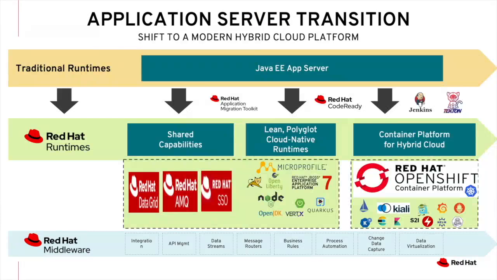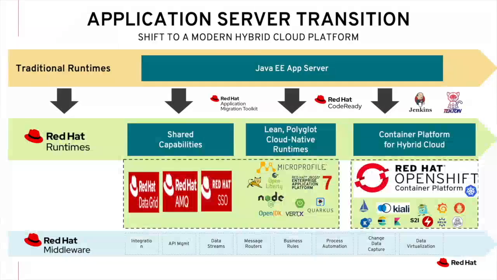Red Hat AMQ Broker for asynchronous patterns implementation with rich protocols and client support is there. Red Hat Single Sign-On for application security and also for sharing and provisioning the user context in between your application services, also the part of Red Hat Runtimes.